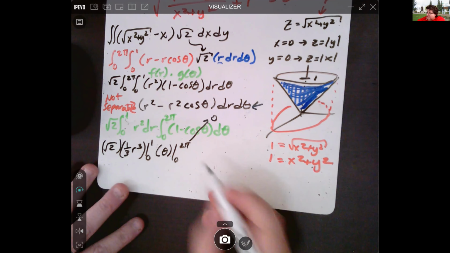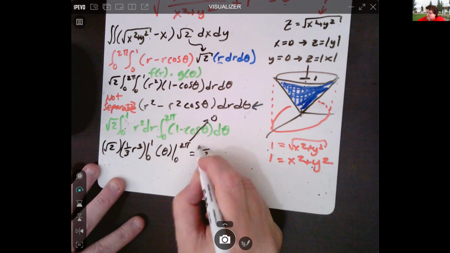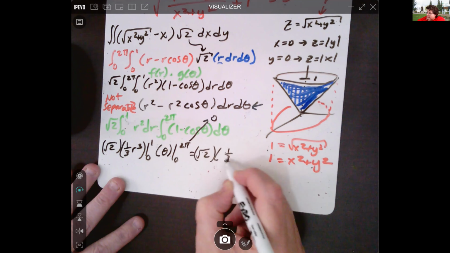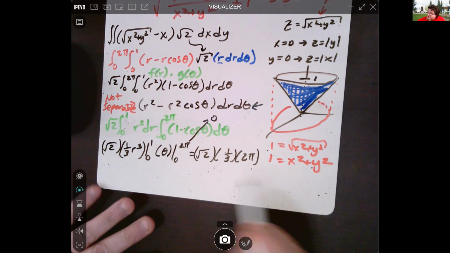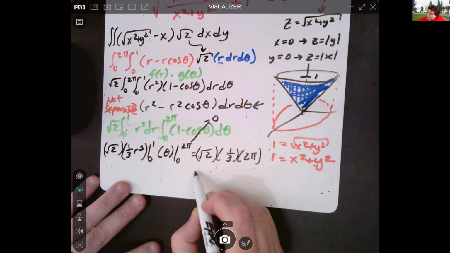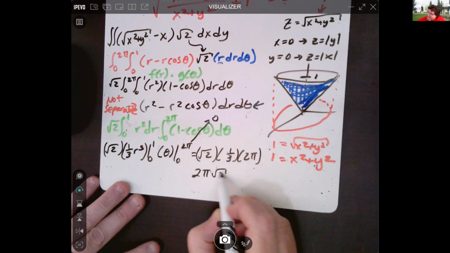So we've got root 2, we've got a 1/3, and we've got a 2 pi. So 2 pi root 2 over 3.